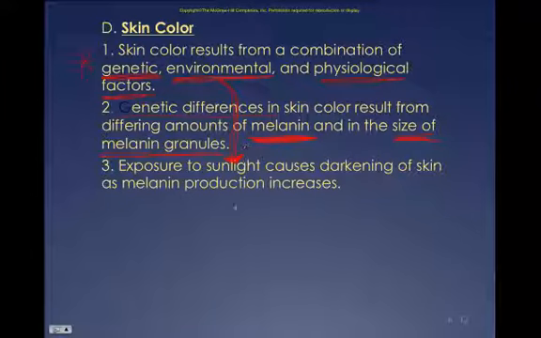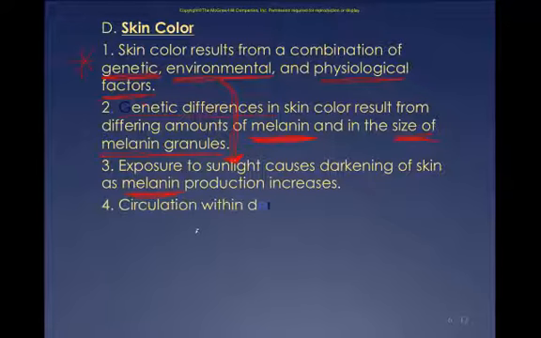As you're exposed to sunlight, this actually increases the production of melanin. So your body adjusts. It says, all right, hey, we're being exposed to more UV light. So again, to the point that your genetics will allow you to. But as you're exposed to sunlight, your melanocytes will actually produce more melanin. They'll increase melanin production. So that's your environmental factor.